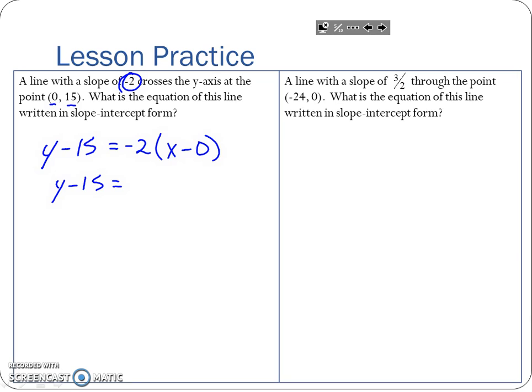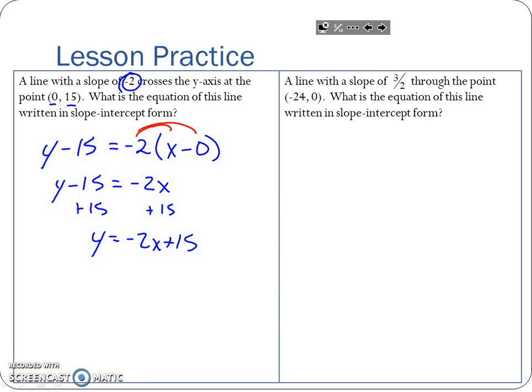This is x minus 0. That's just x. So all I have left on this side is a negative 2x. You can also think, I'm going to distribute it, and then just know that negative 2 times 0 is nothing, so it doesn't really matter. And then I would need to add 15 over. Gives me y equals 2x plus 15.